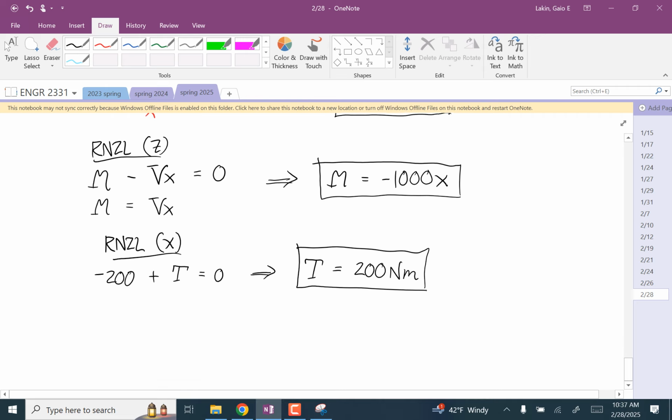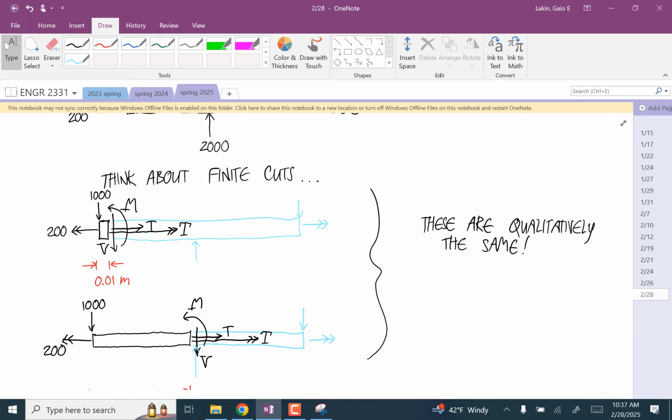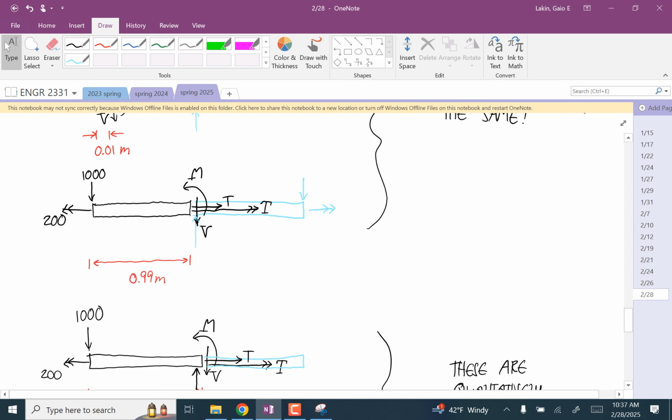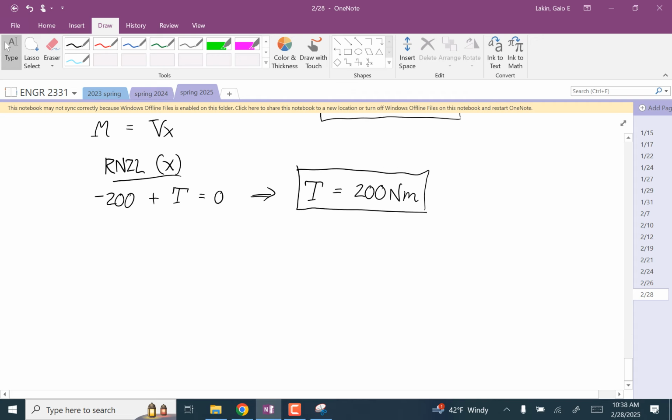Okay, so this was our cut that represented every possibility between these two. Now we're going to our second cut that represents every possibility between these two. So now our cut 2 is for x values from a little bit bigger than 1 to a little bit less than 2.